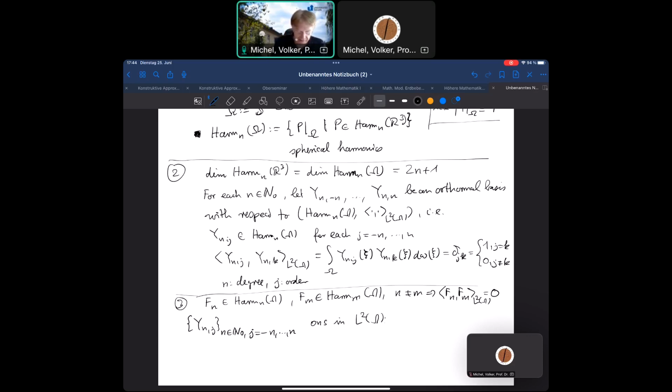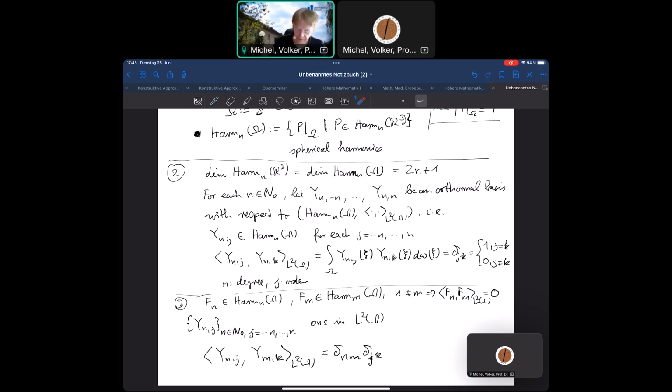So automatically, if I take two different functions, Y_{n,j} and Y_{m,k}, and I calculate the L2(Ω) inner product of these functions, then I know that, first of all, from that previous theorem, I get a delta in n and m, but from my definition above, I get the delta jk.